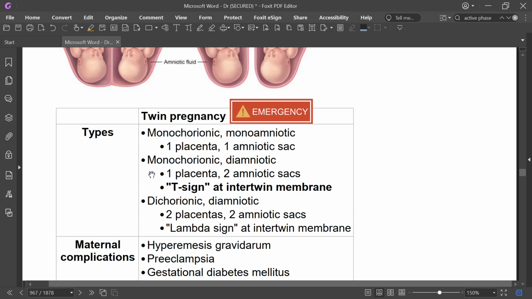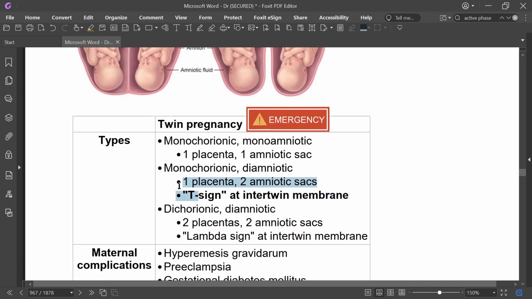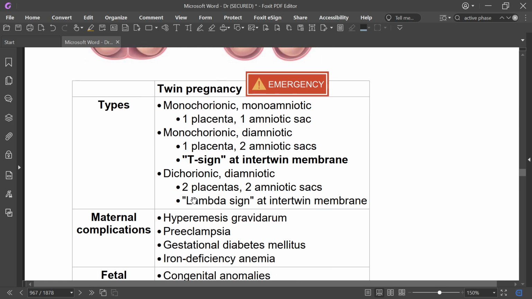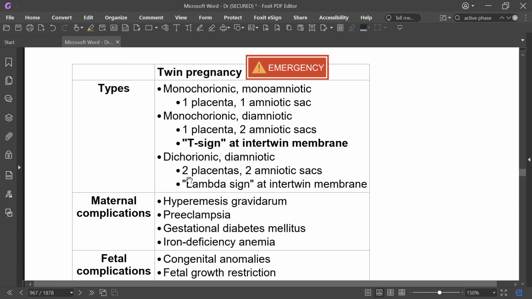Monochorionic diamniotic has a T sign, and dichorionic diamniotic has the lambda sign.